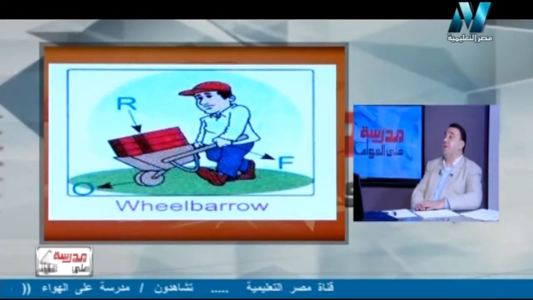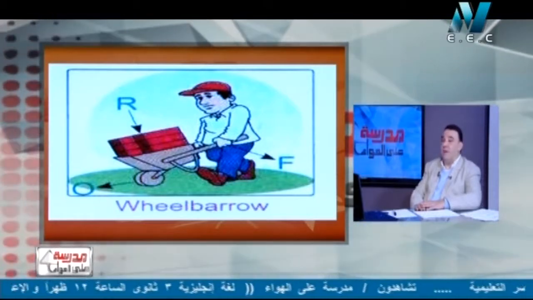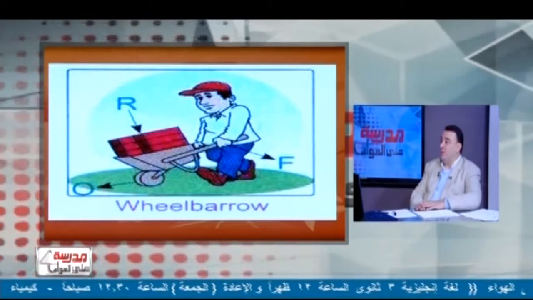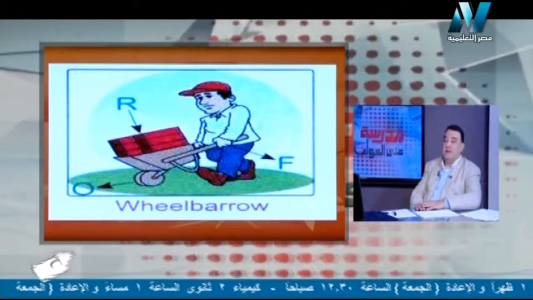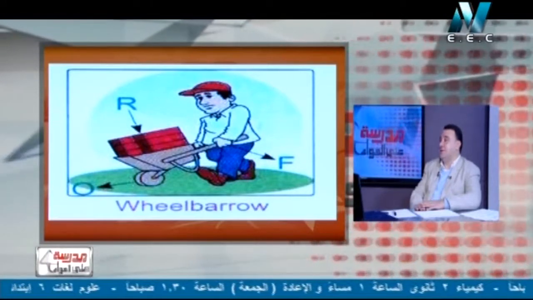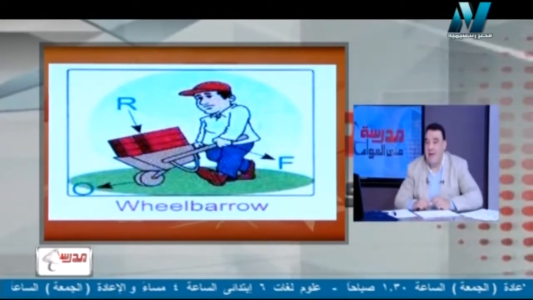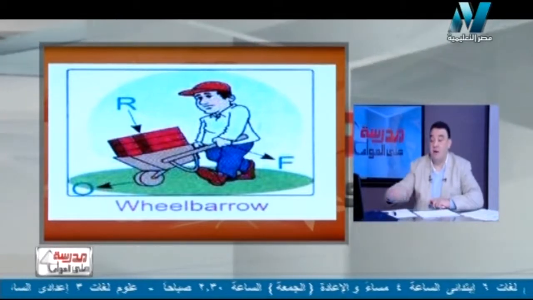The place of the wheel, at the very bottom, is what we call the fulcrum, the place of rotation or movement. So which point is in the middle here? Surely the resistance force is in the middle, so it will be second class lever. So again, the wheelbarrow is second class lever because it has resistance force between effort force and the fulcrum.